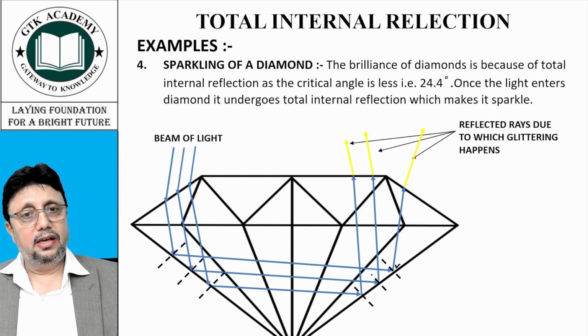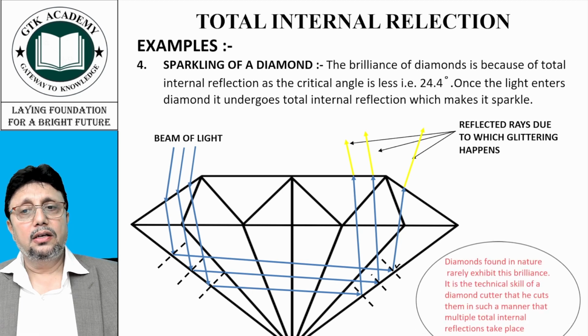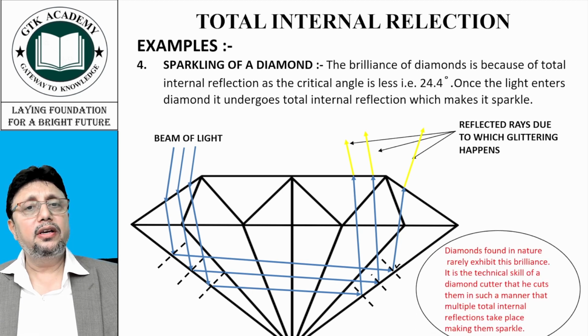One more important thing is that diamonds found in nature do not exhibit this kind of brilliance. But when cutters cut the diamond, it is cut in such a manner that multiple total internal reflections take place. That is the reason diamonds glitter.